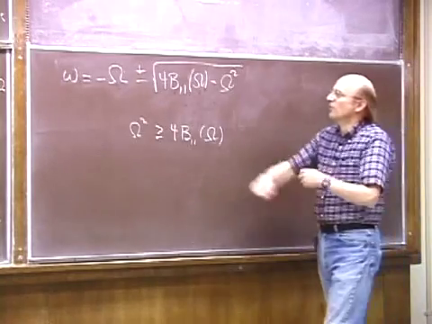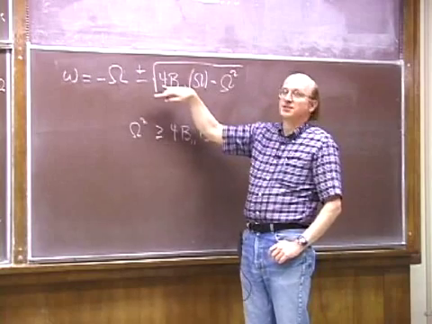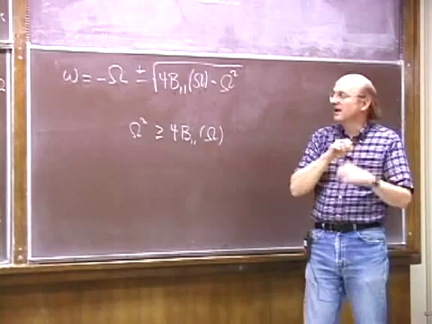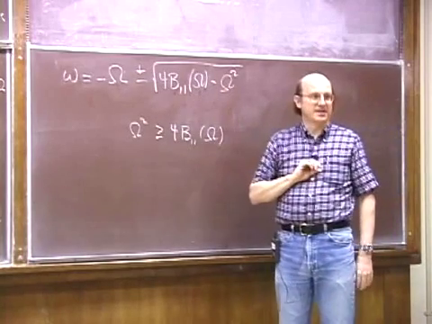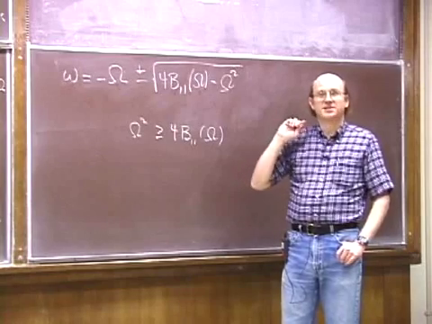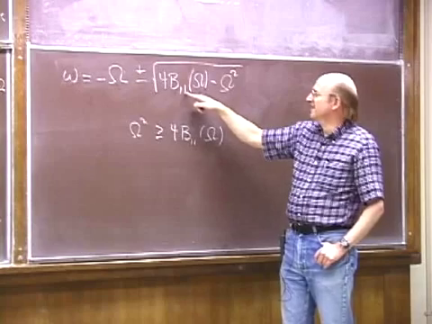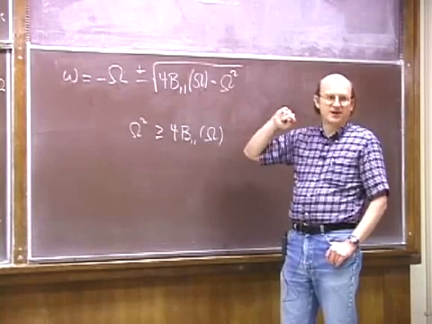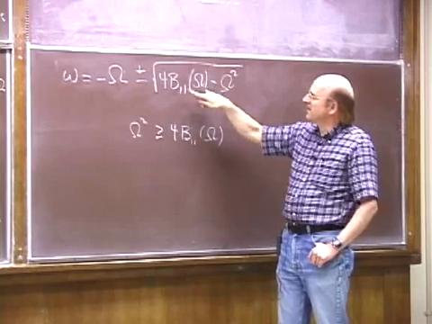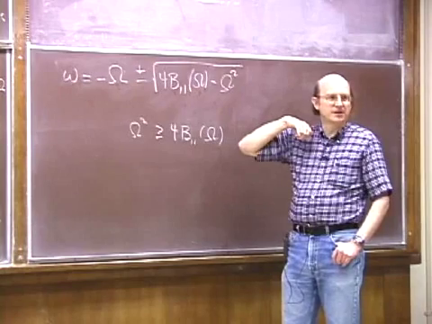If the imaginary part is positive, then the mode grows exponentially with time. If it's negative, it dies out exponentially with time. And so one of these modes is unstable. It's unstable on a time scale which is just determined by this hydrodynamic stuff. I'll show you a graph of this in a minute. But the size of the imaginary part of this frequency is comparable to the frequency of the star itself.